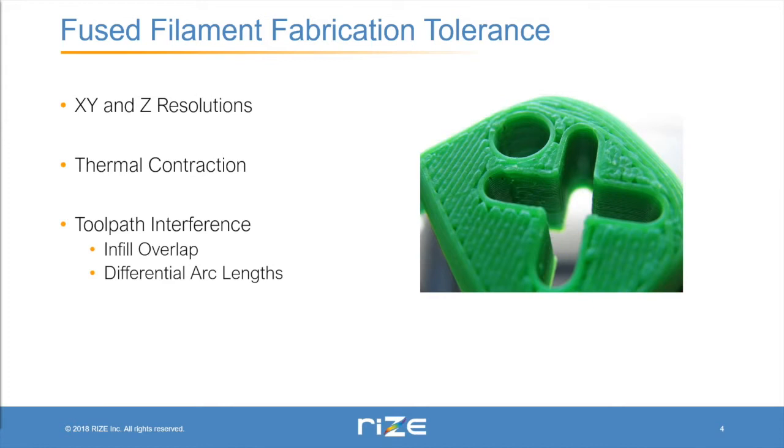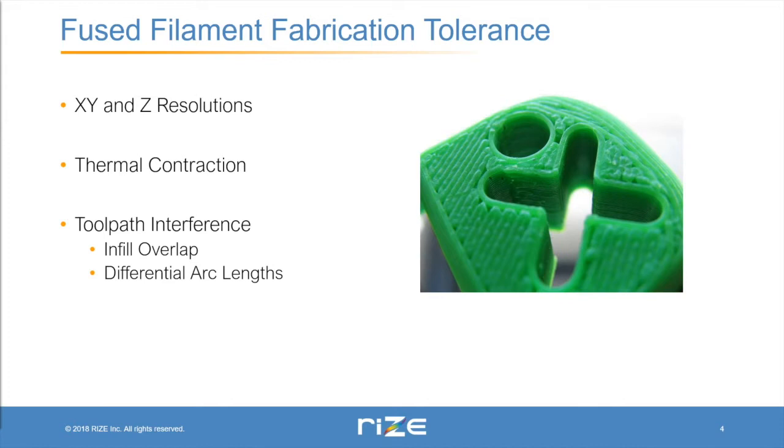So one of the main challenges to getting precise tolerances with FFF printing is limitations in the X, Y, and Z resolution. Generally you can get quite high X and Y resolution with FFF printing, but it's limited in the sense that you can produce very minor changes in a surface, very fine X and Y changes.